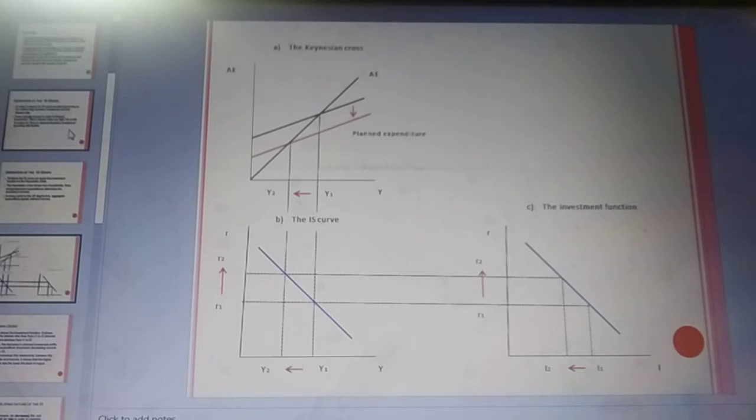In graph A, we see that when there is a shift in the aggregate expenditure curve downward, it will directly affect the income level of the people. That means when we increase the aggregate expenditure, the income of the people will increase. And with the decrease of the aggregate expenditure, it will contract the income of the people.